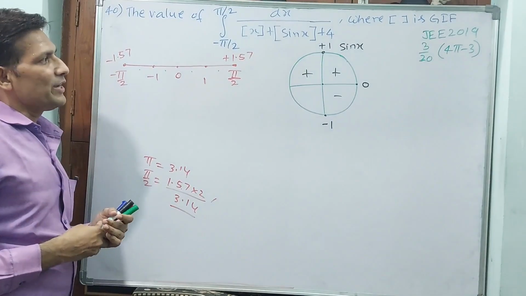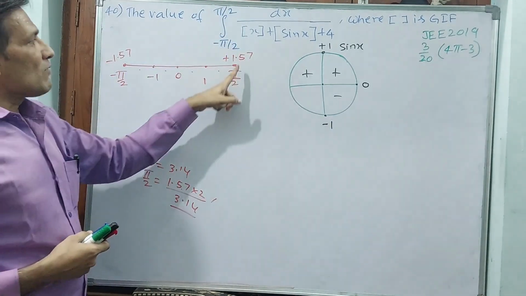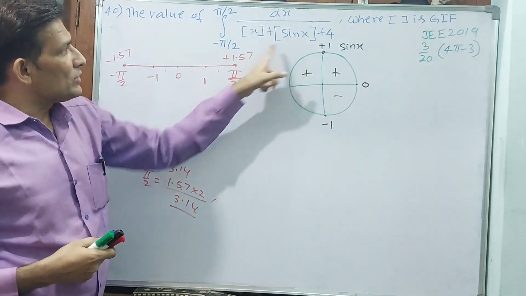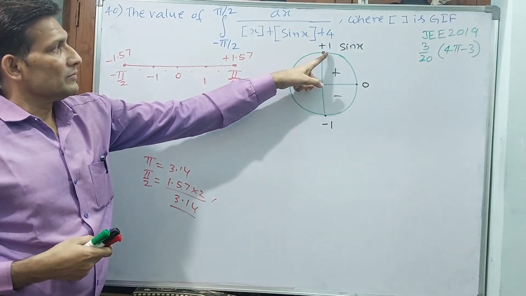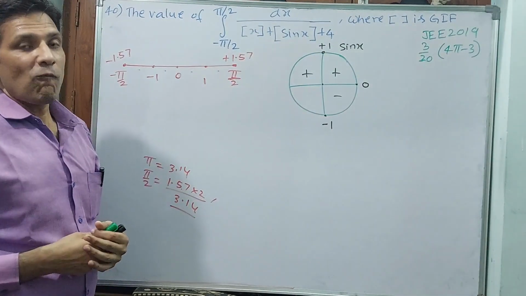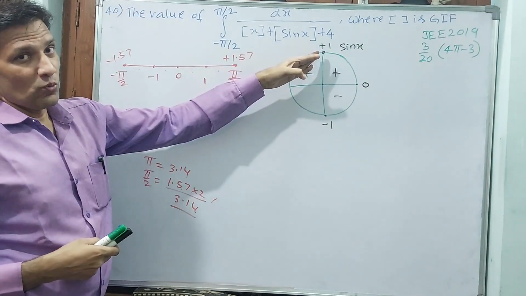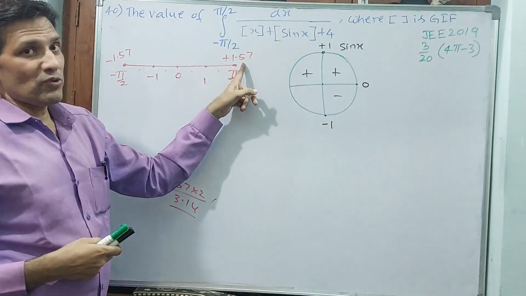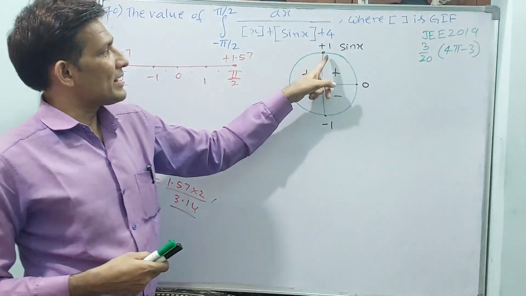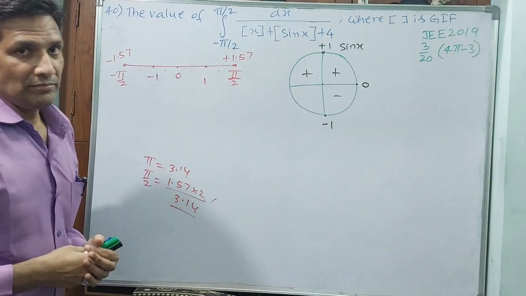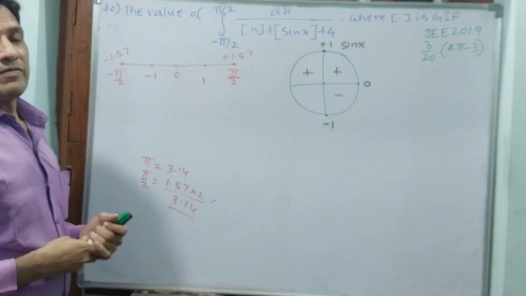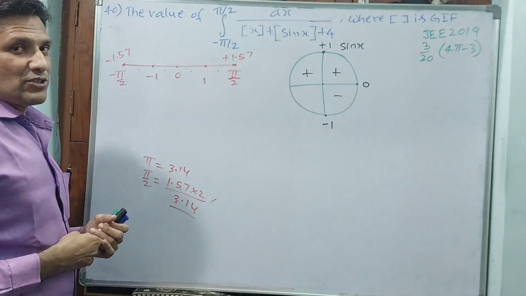It doesn't come. Why? Because pi by 2 is 1.57 only. If you do 2, then only 1 will come. But you are not going to give 2. You are going to give only 1.57. When you give 1.57, automatically it is going to come 0 only. Understand? That is the logic you have to understand here.